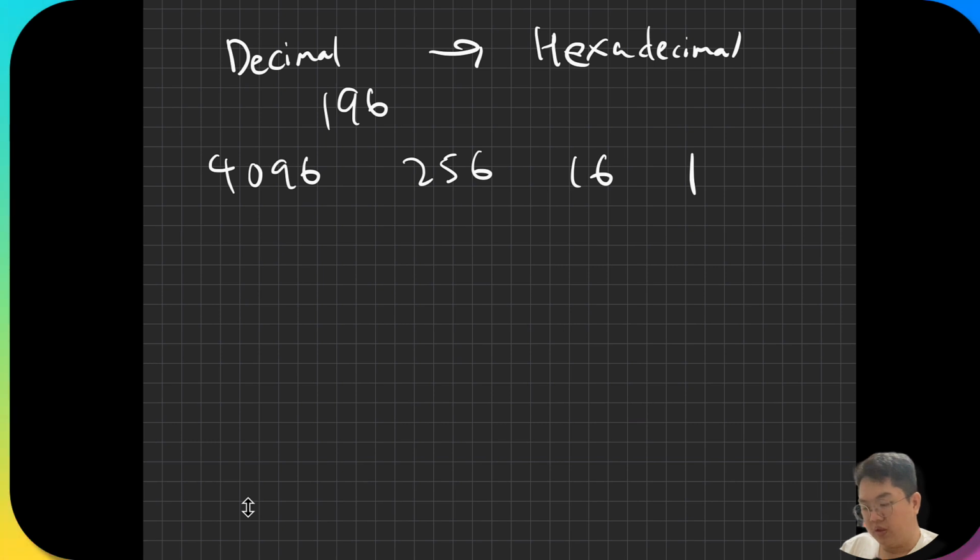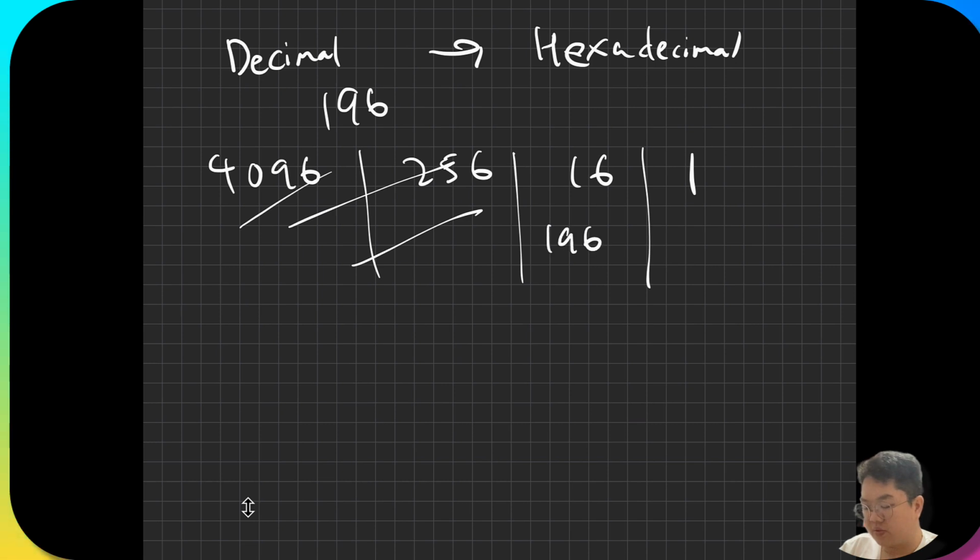Let's break down the table. 196 is not above 256, and of course it's definitely not above 4096, so we are not going to look at these columns at all. 196 can go into the column of 16, so we put 196 right over here. We don't need to put anything in 1 for now because we need to divide. We need to solve this column first.